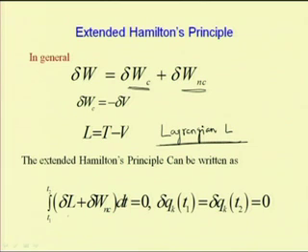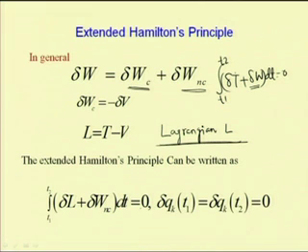Using the Lagrangian, the previous equation can be written. The previous equation was integration from t1 to t2 of del T plus del W, dt, equal to 0. This del W can be written as minus del V plus del W NC. So, this becomes integral of del of (T minus V), that is del L, plus del W NC, dt equal to 0.